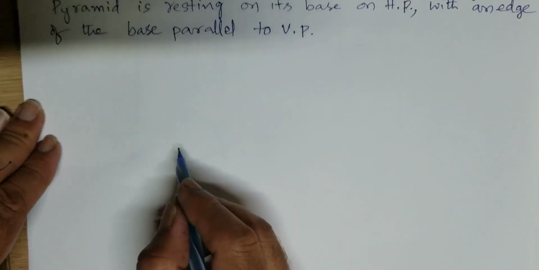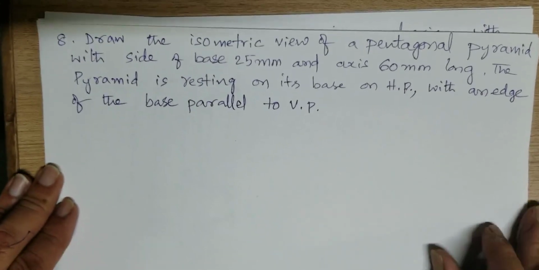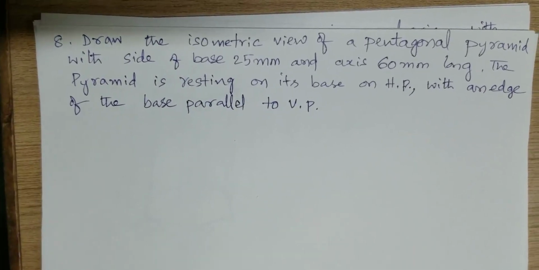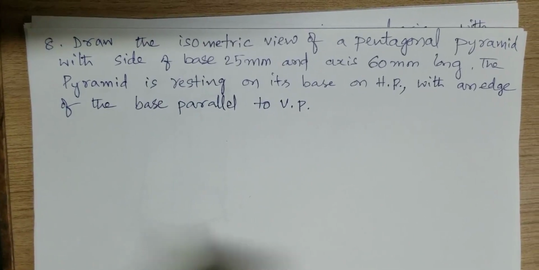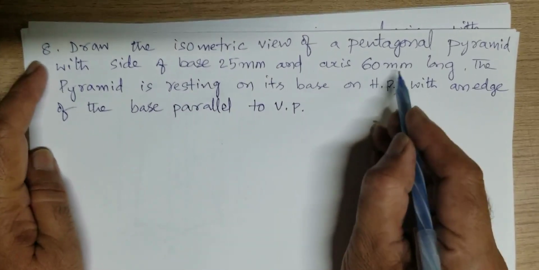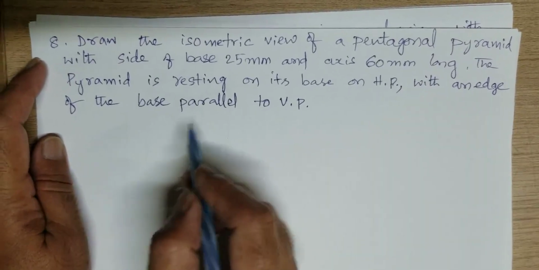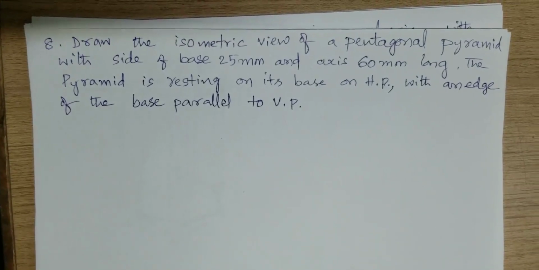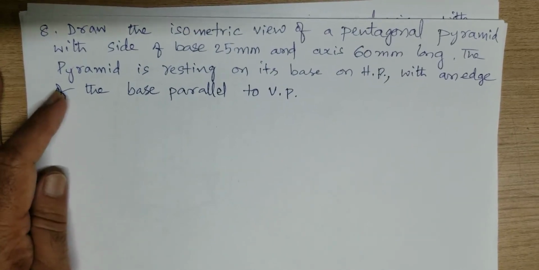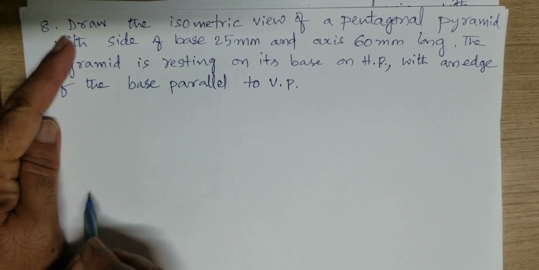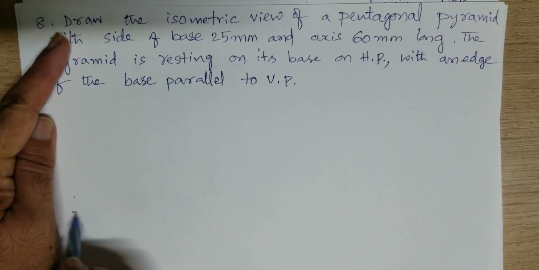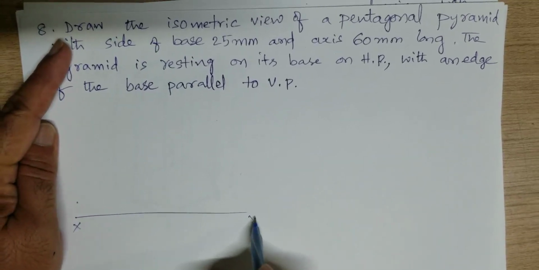Okay, now I would like to explain the pentagonal pyramid with side of base 25 mm and axis 60 mm long. The pyramid is resting on its base on HP, with an edge of the base parallel to VP. So for this we have to draw the orthographic view. This is the orthographic view I am drawing here, XY line.